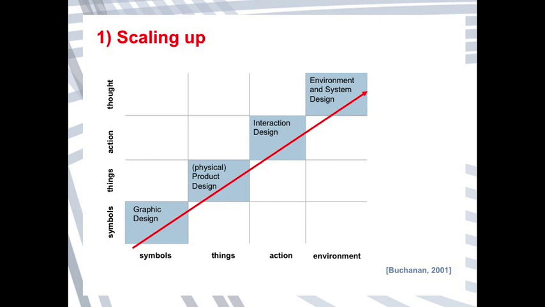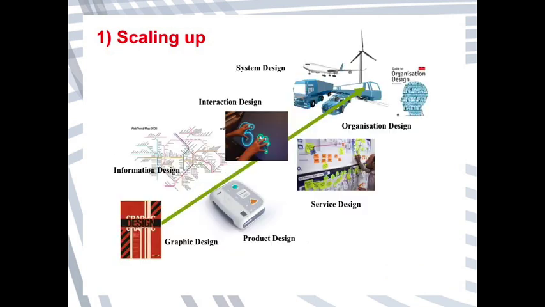Today you still see traditional applications like graphic design, information design, product design, then interaction design, then the emergence of service design, toward areas like system design, organization design, or, recently, design for policy, and so on.